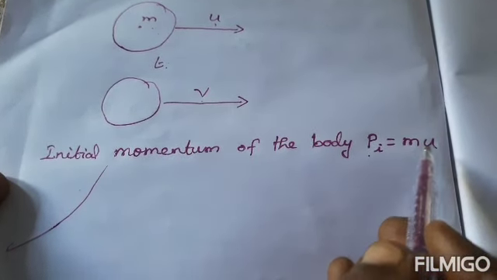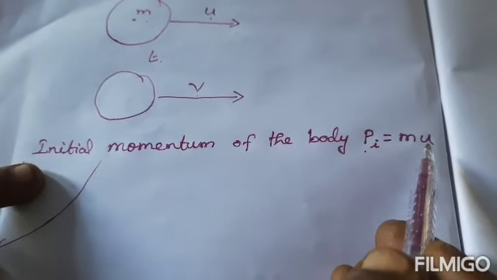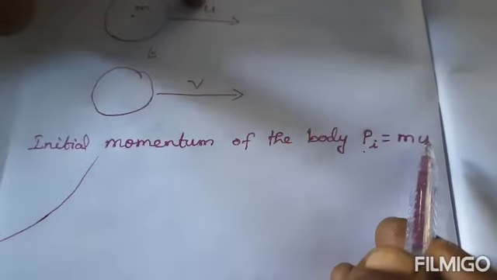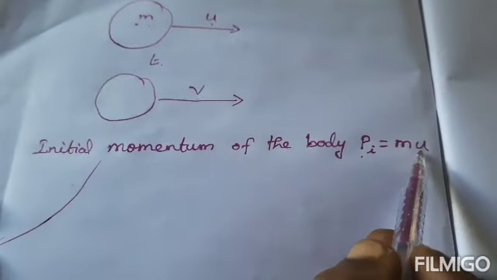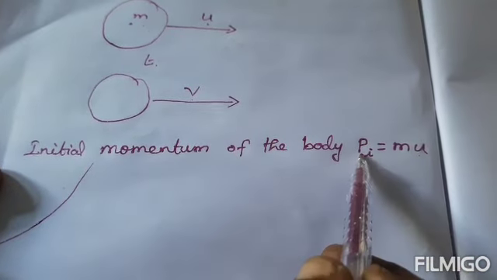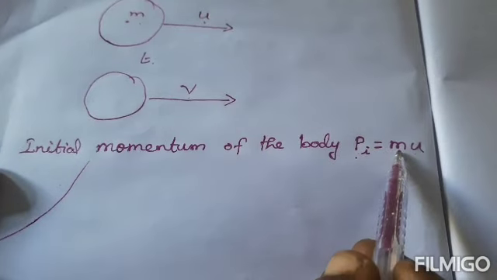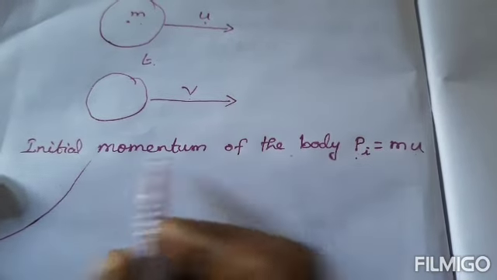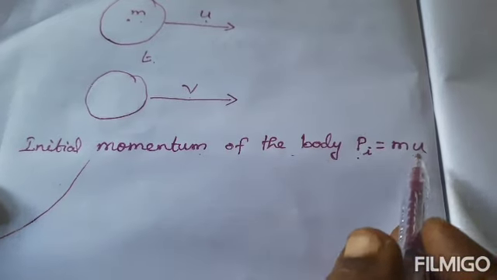P equal to m into v. Okay, why here have we written u, do you know? That is initial. Initial velocity u, so that is why we are writing u here. So the initial momentum of the body, Pi, with suffix i, equal to mu. So does everyone understand this line? Initial momentum of the body Pi equal to mu.